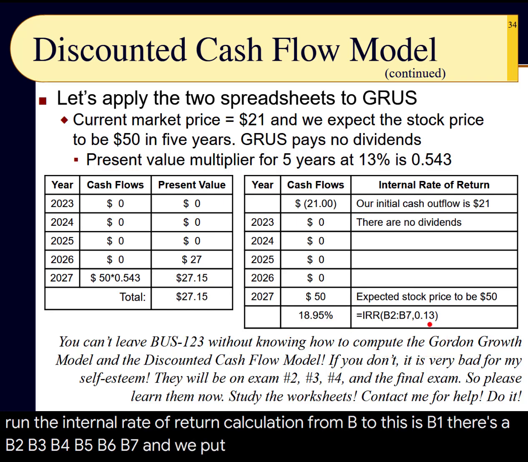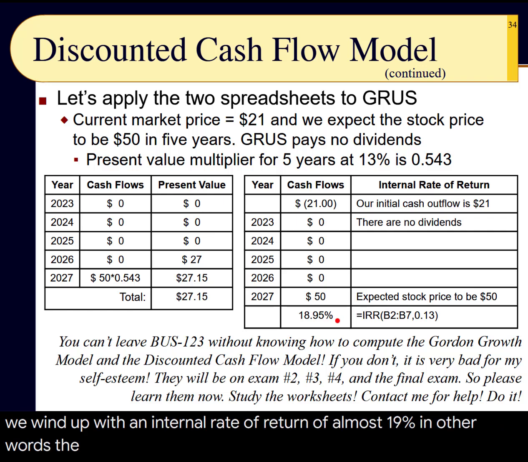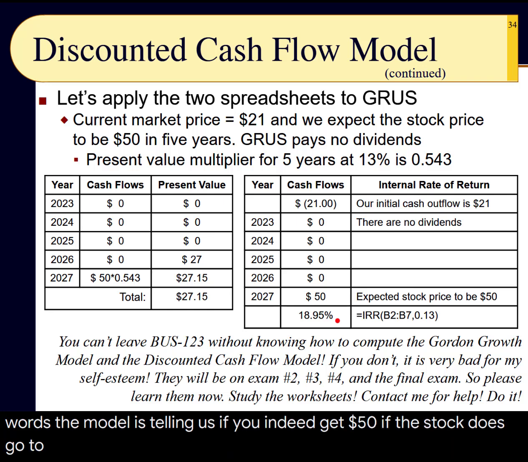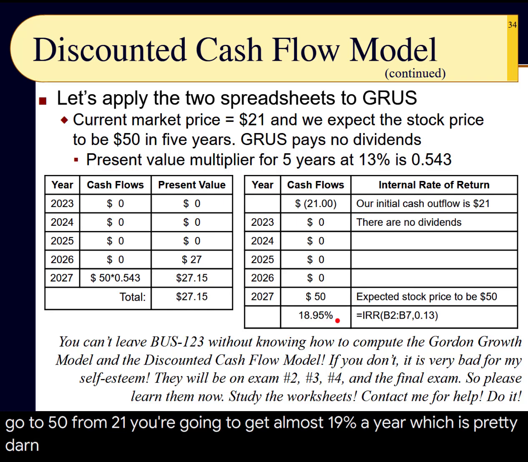And we put in 13%. We could have left it zero. And we wind up with an internal rate of return of almost 19%. In other words, the model is telling us if you indeed get $50, if the stock does go to 50 from 21, you're going to get almost 19% a year, which is pretty darn good, folks.